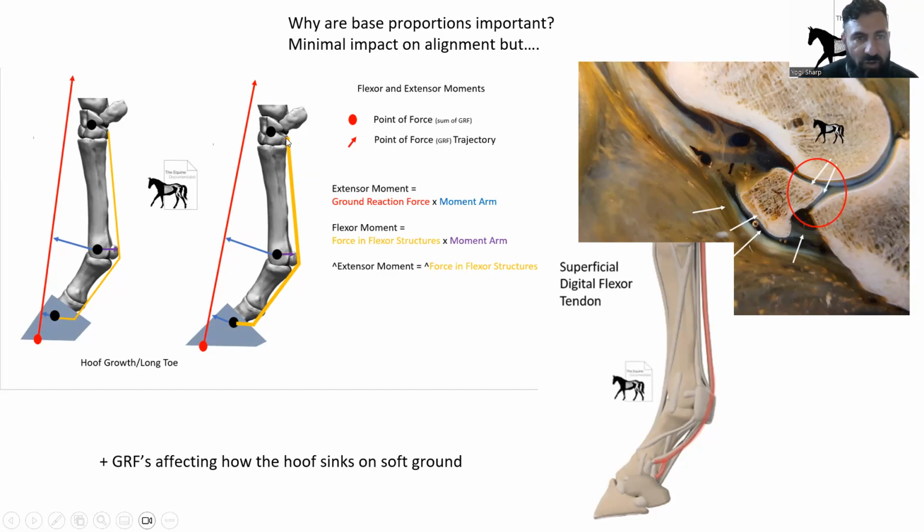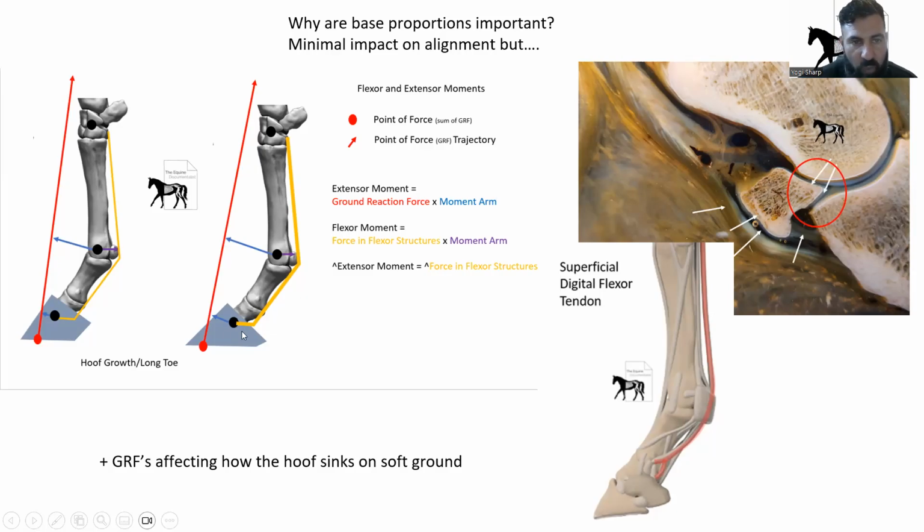And in order to counteract that collapsing force, the flexor structures, the anatomy at the back of the foot and the back of the limb, have to increase the strain to counteract the increase in that force, okay? So where does all that strain go? As I said before, that strain is transferred onto the navicular apparatus, the deep digital flexor tendon, and the superficial digital flexor tendon, okay?